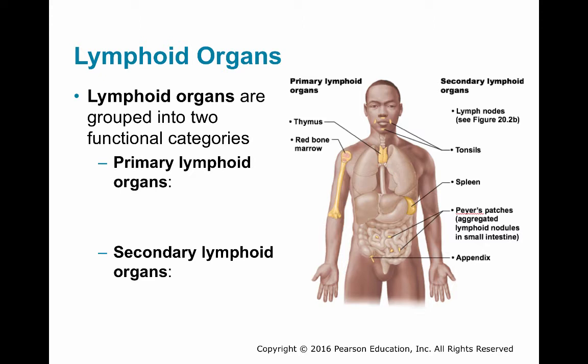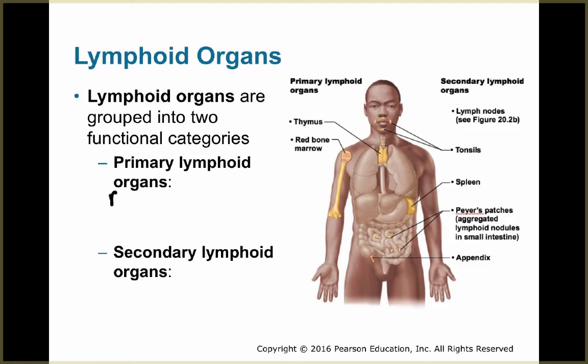So the primary organs, basically, are the bone marrow and the thymus.